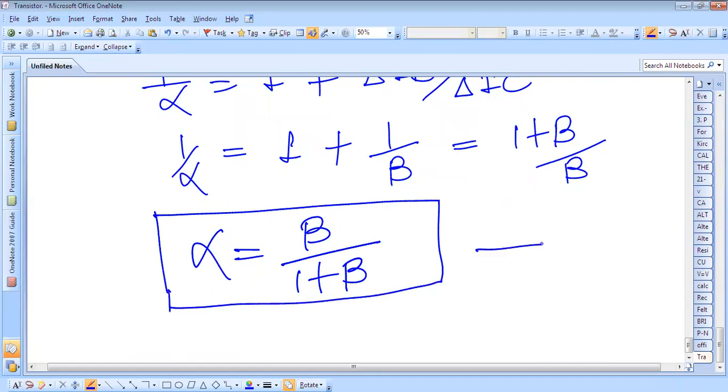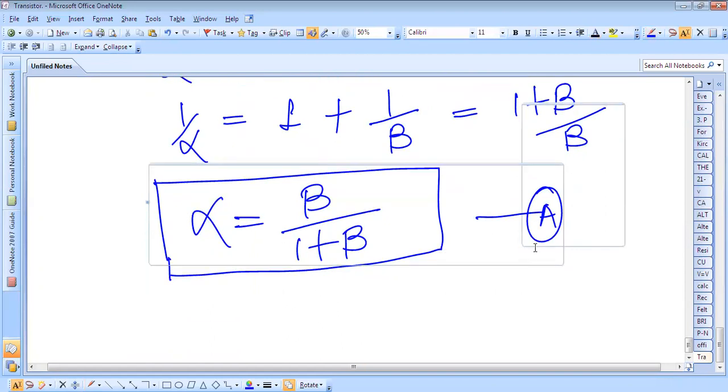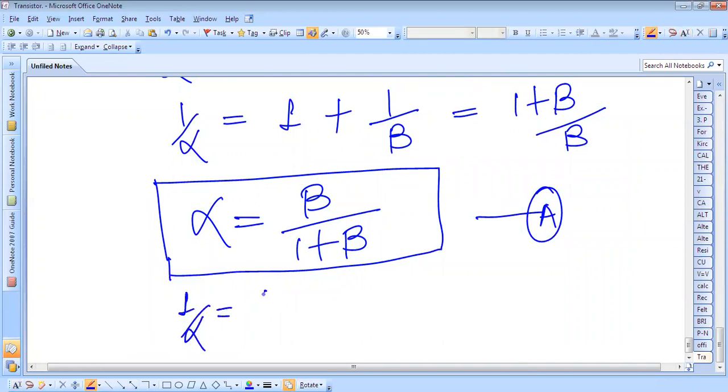This is equation A, and we can also find the beta. How can we find beta now? We have 1 by alpha is equal to 1 plus beta by beta, and we have to find this beta.